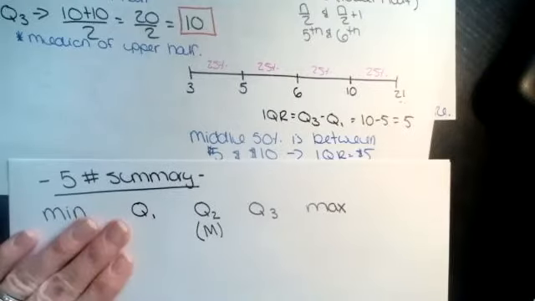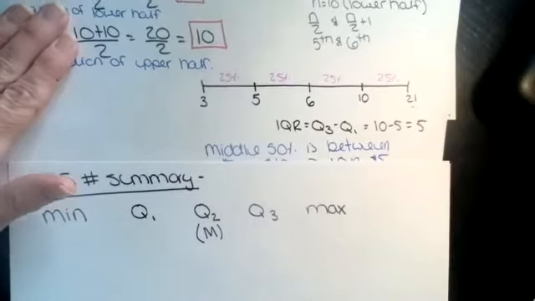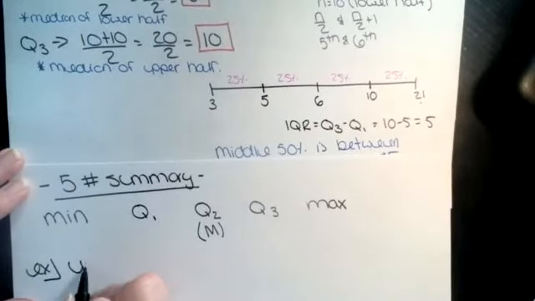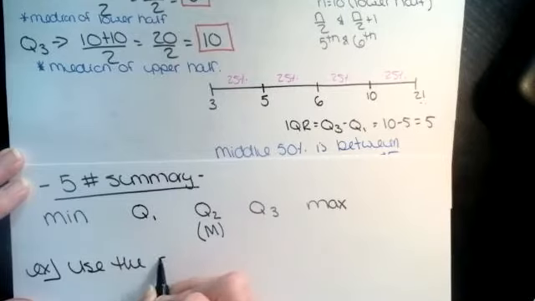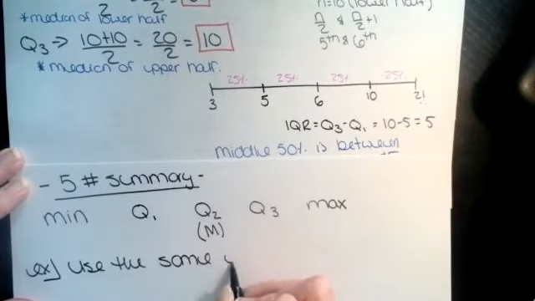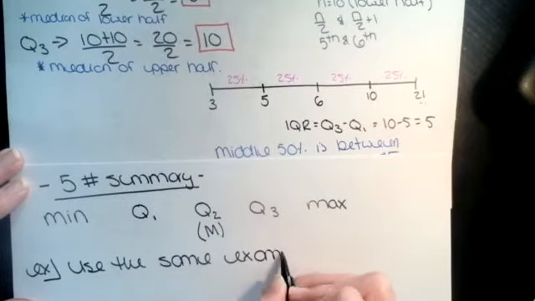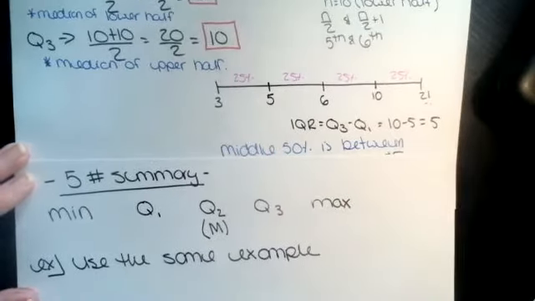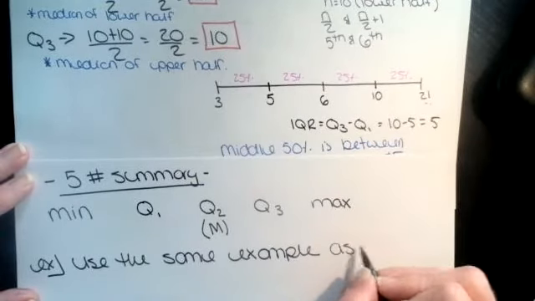So let's apply the 5-number summary using this example here. Let's use the same example and actually look at the 5-number summary, which is right here ready for us. So as above.